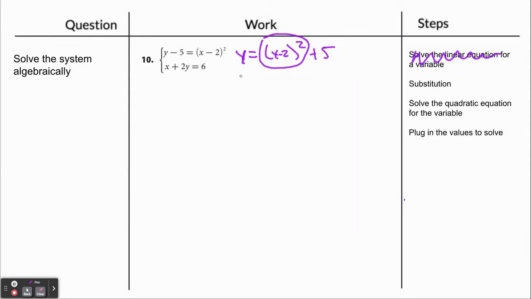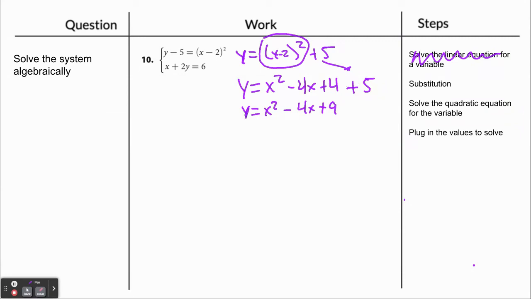First, I'm going to multiply using FOIL, and it's going to give me x squared minus 4x plus 4, and then we still have that plus 5 to bring down. Simplifying, x squared minus 4x plus 9.